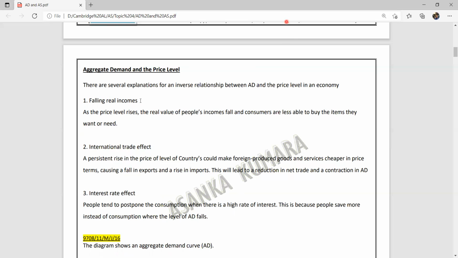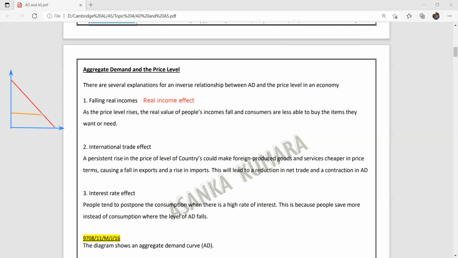The average price level increased. When the price level increases, necessarily people's real income goes down.